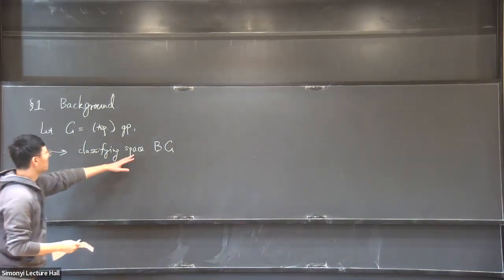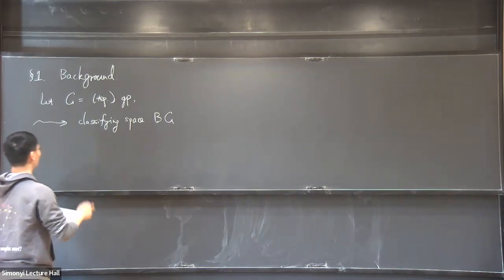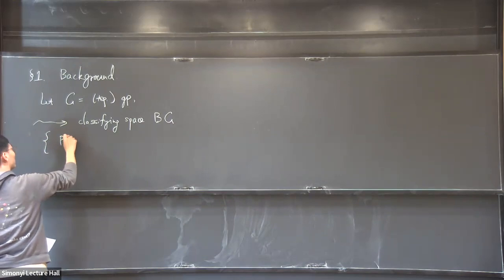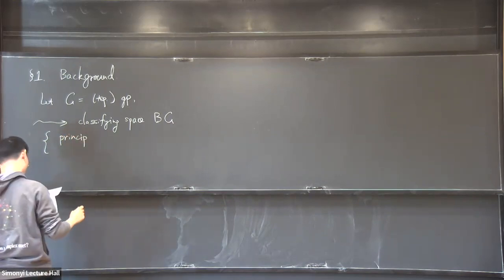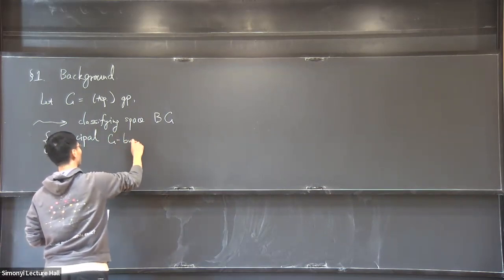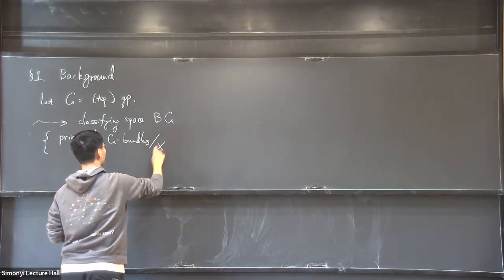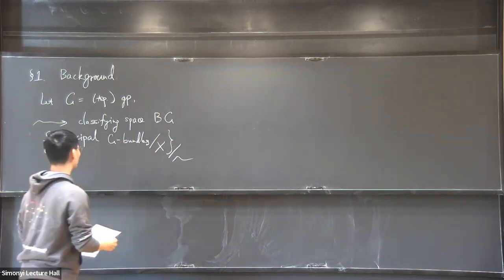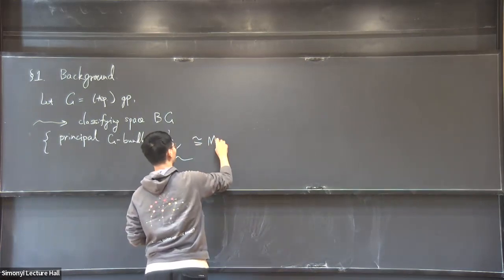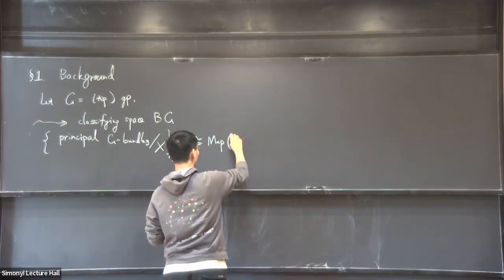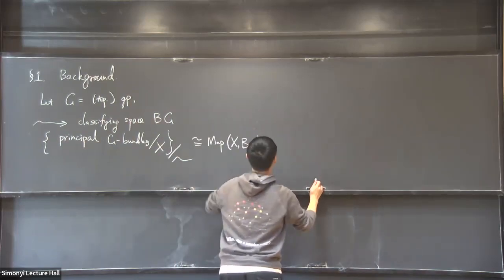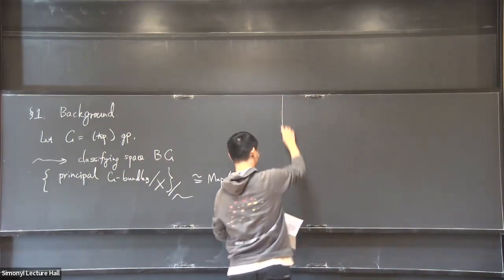This space has the following property: given a nice topological space X, the set of isomorphism classes of principal G-bundles on X is the same as homotopy classes of continuous maps from X to this particular space BG. It's very handy.